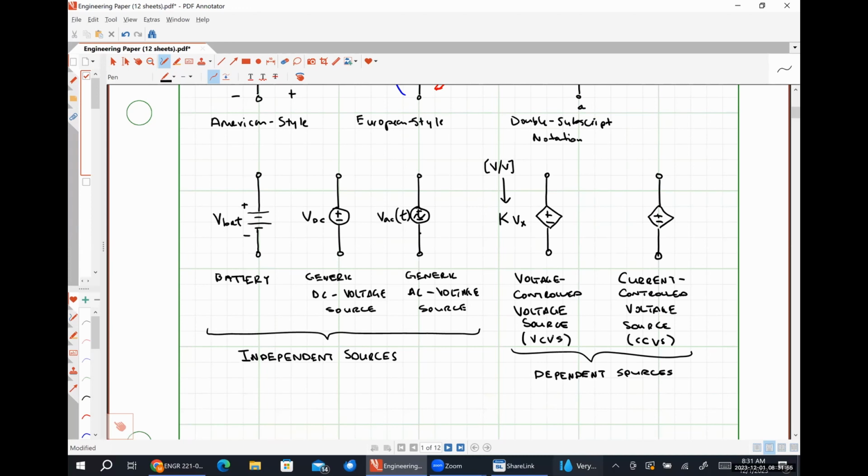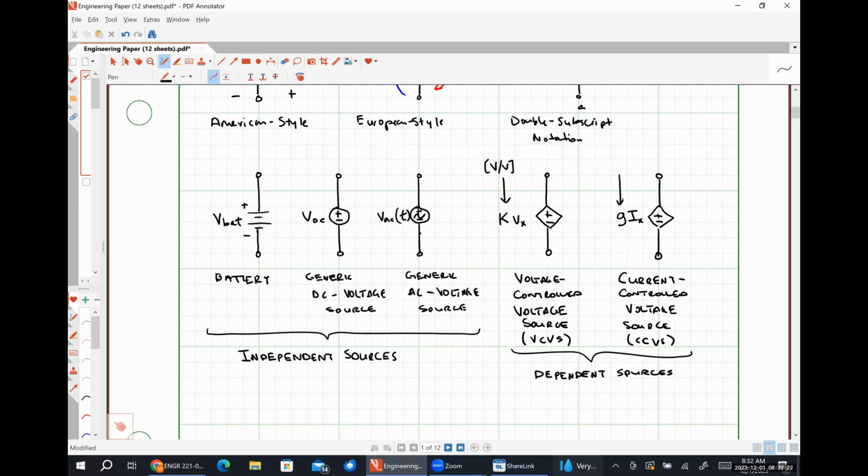For our current controlled voltage source, we are going to have lowercase g times Ix. So this voltage source depends on the amount of current flowing somewhere in our circuit.